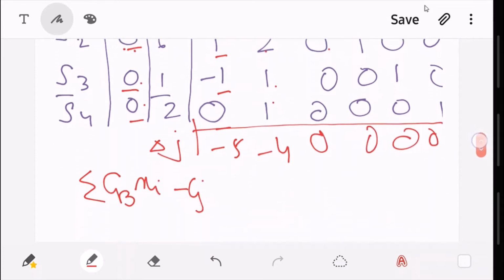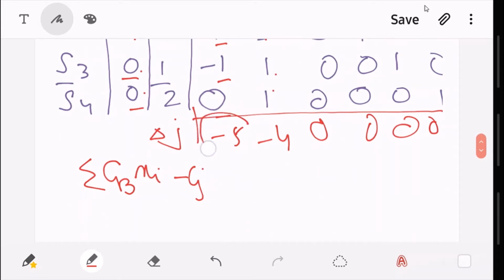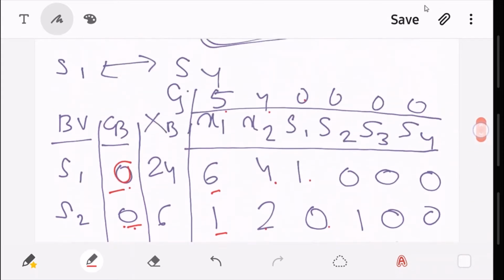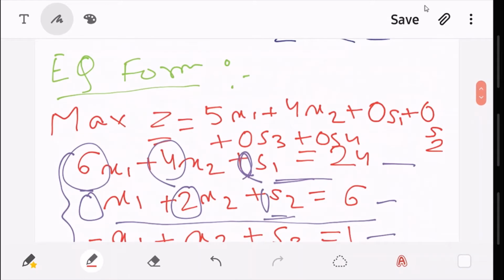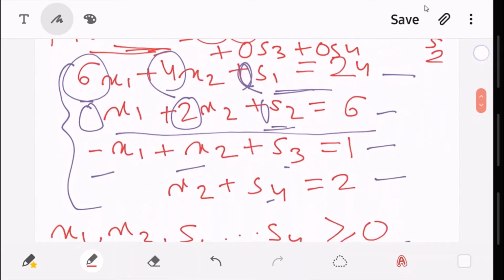Now here we shall select the most negative one, because the variable which has the most negative value shall have the highest rate in the maximization objective function, like 5 for x1. 5 is greater than 4, so we need to proceed in the x1 direction.